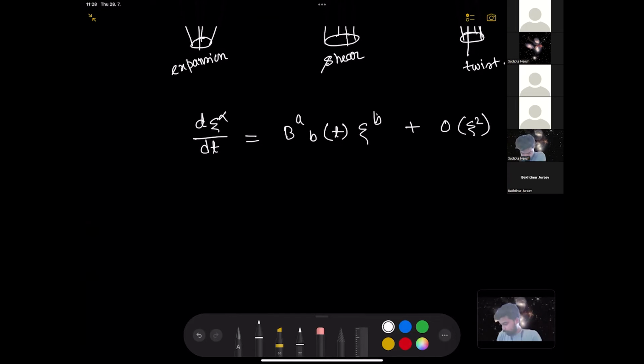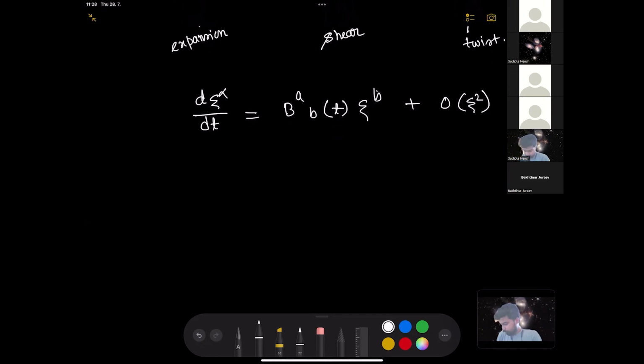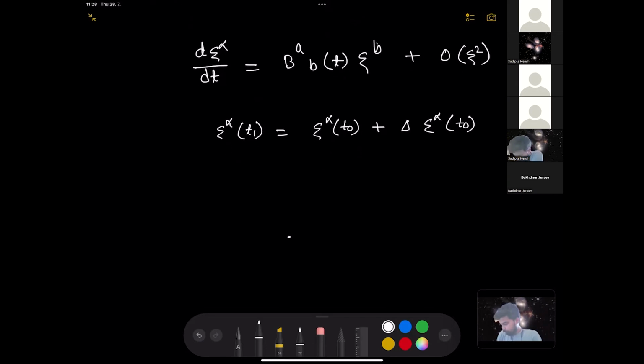If we write the above equation as a difference equation, we can write the change in xi as delta xi alpha at t0.